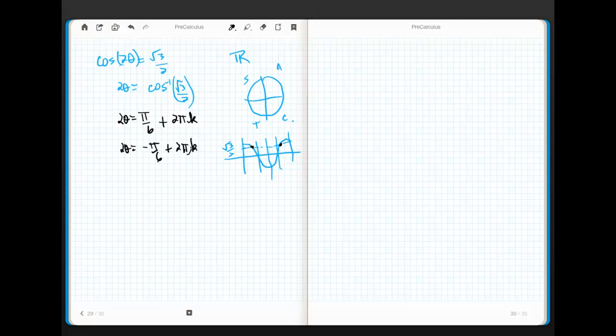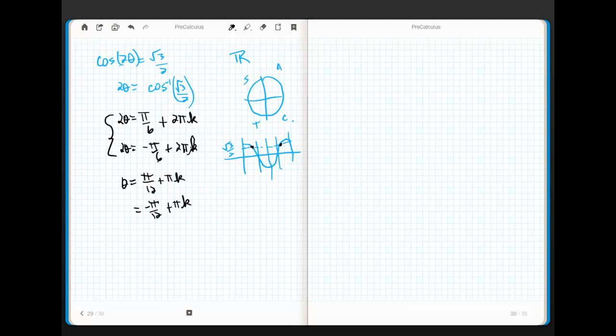Remember that k is just an integer. It could be a positive or negative whole number. Now when I divide through, this is a solution, but I'm not solving for 2 theta. I don't care about 2 theta. I care about theta. What I get is pi 12ths plus pi k. And I also get negative pi 12ths plus pi k.